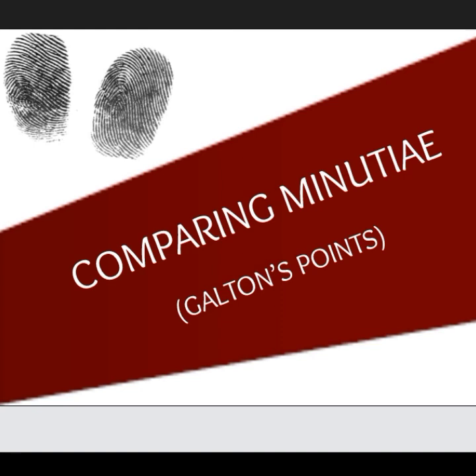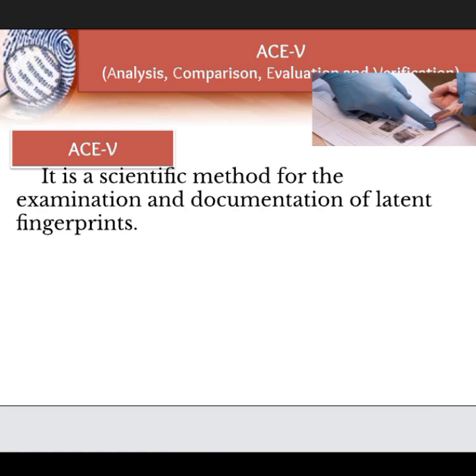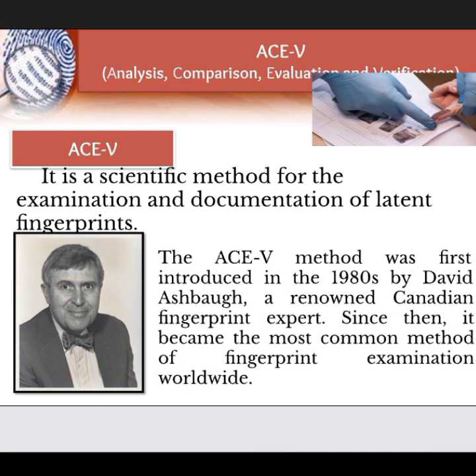Good day, everyone. I'm Karen Galoche, and today I will discuss comparing minutiae, otherwise known as Galton's points. ACE-V is a scientific method for examination and documentation of latent fingerprints. It's also the most common method of fingerprint examination worldwide.